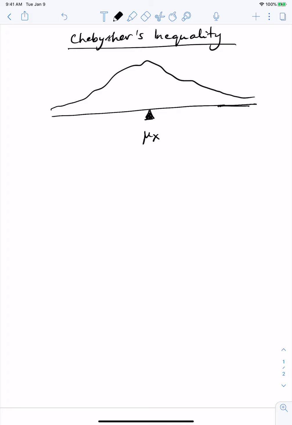What we're going to do is stand at the mean and look an equal amount on either side.